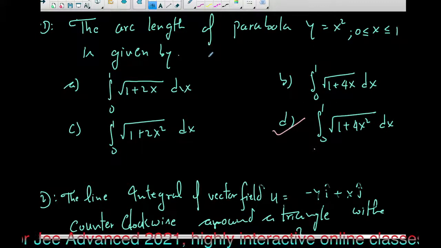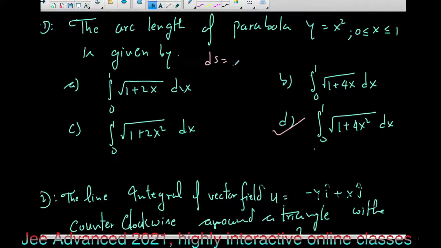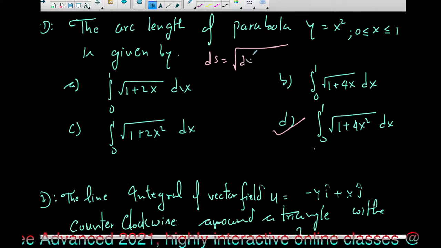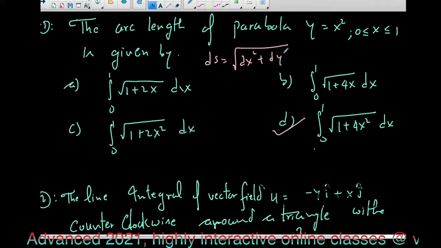ds is equal to under root dx square plus dy square, right?